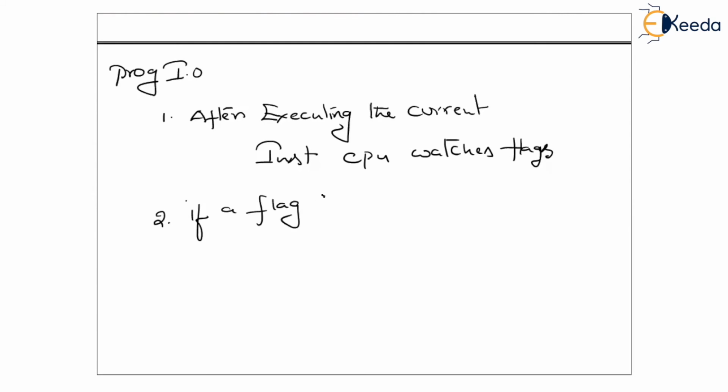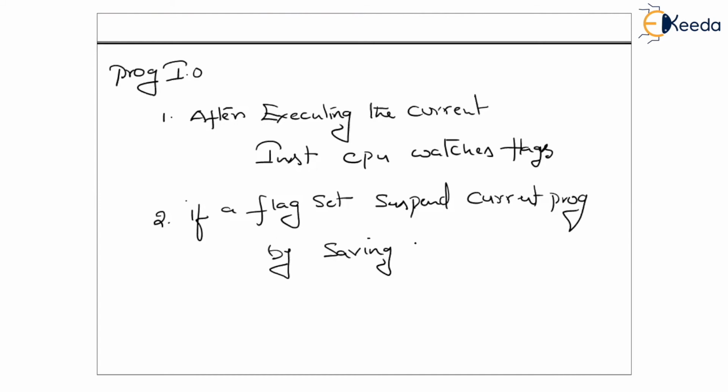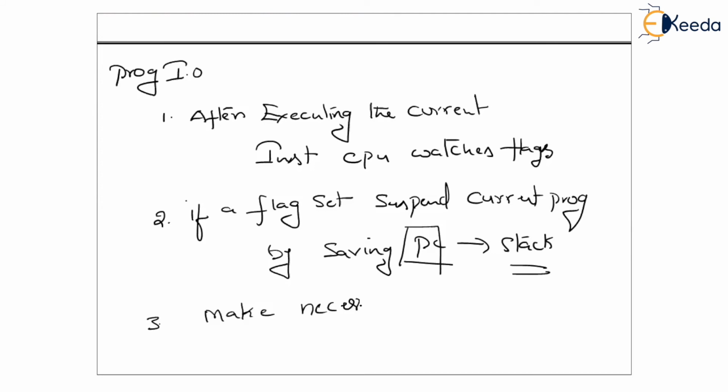If a flag is set, suspend the current program by saving the program counter into the stack. You know that every time a program has been suspended, the current program counter value should be pushed into the stack. Then make a transfer, right? Make the necessary transfer.